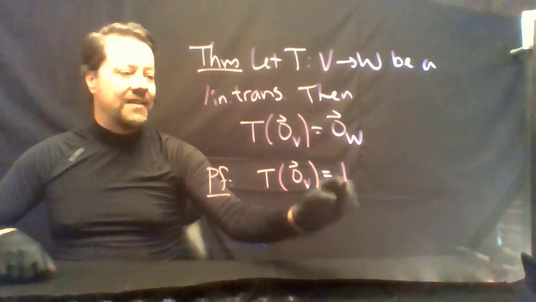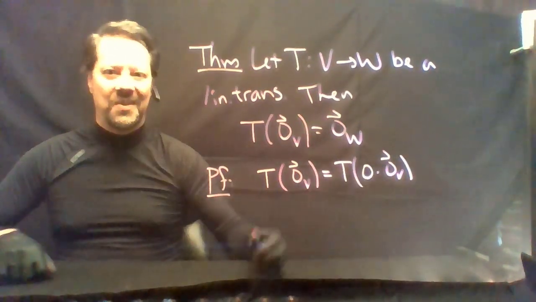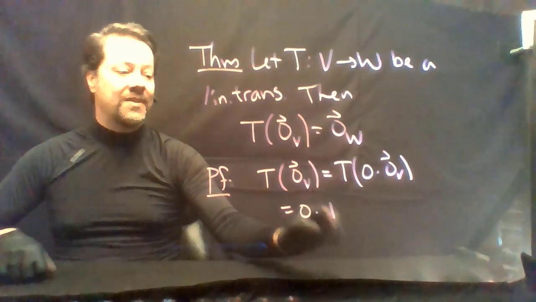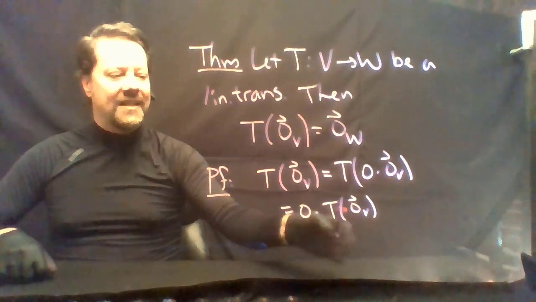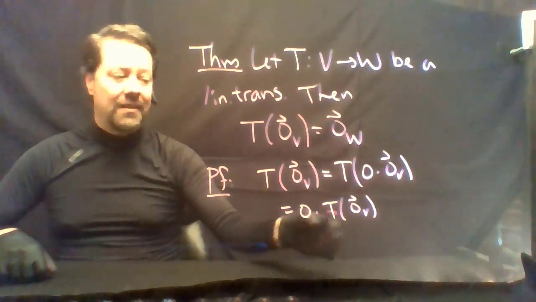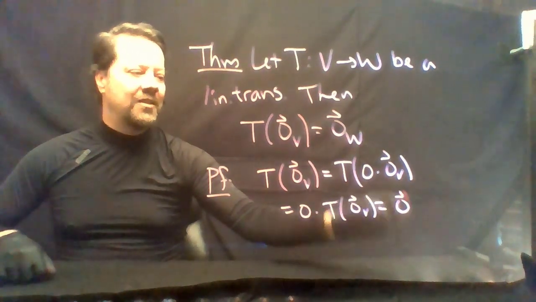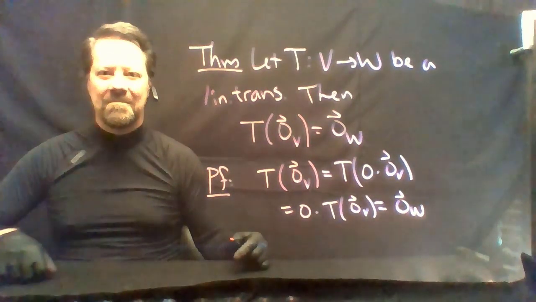That is T of 0 times 0, which is 0 times T of 0. And if you rescale a vector by the 0 scalar, you get 0. But this one will be the 0 in W, the codomain space.